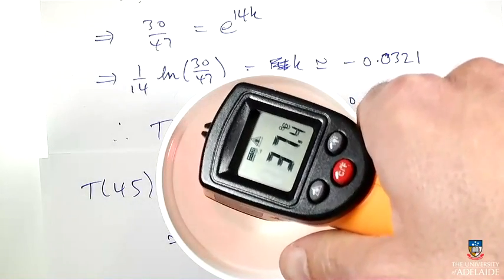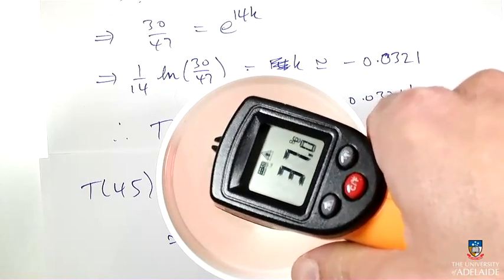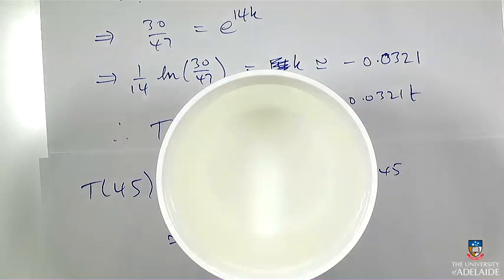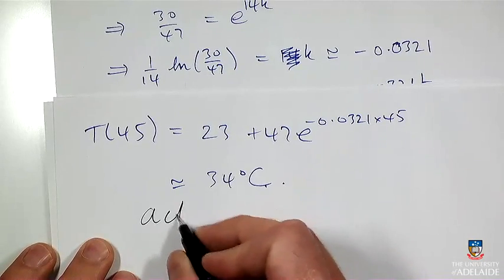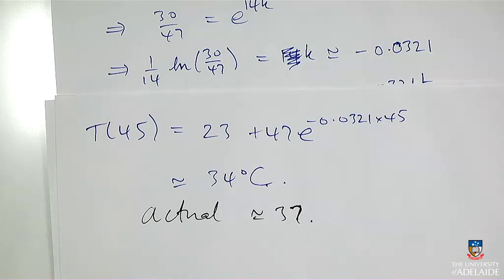That is not bad, right? So I tried this, and the actual is about 37. I tried this at home yesterday, and after 40 minutes, it was within a degree. And after about 30 minutes, it was pretty much within about half a degree.